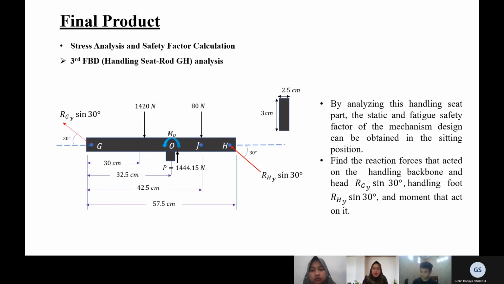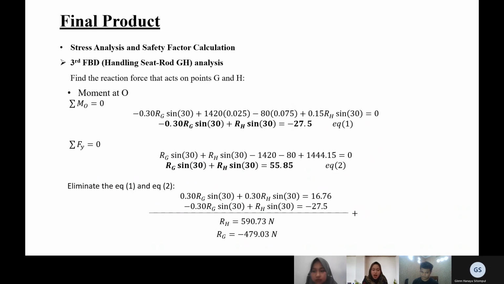Next, here is the main critical part of the handling state analysis. By analyzing this handling state, we can determine the static and fatigue safety factor. And here is the calculation. By determining the moment at O and the force at Y, we can determine the RH and RG.